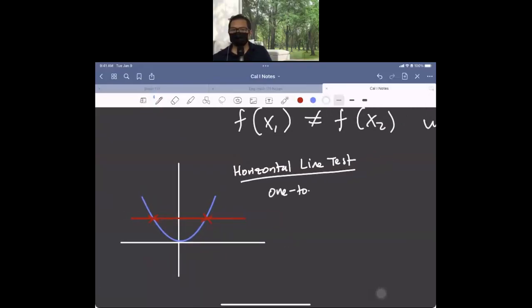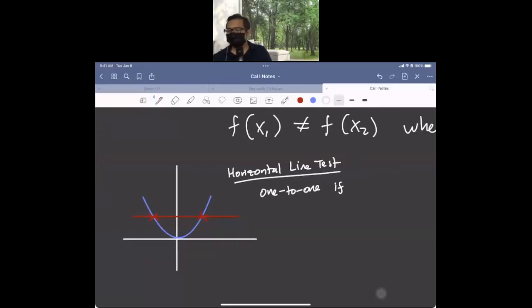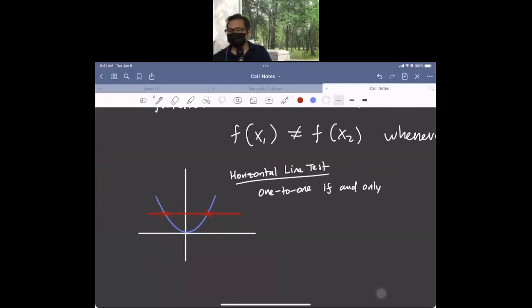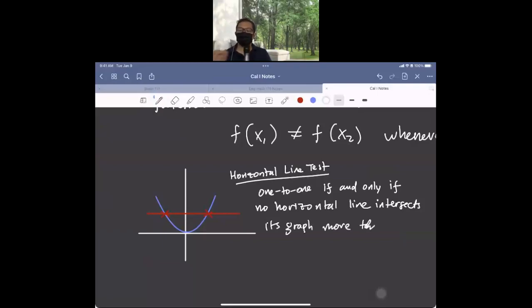So one-to-one if and only if no horizontal line intersects its graph more than once.